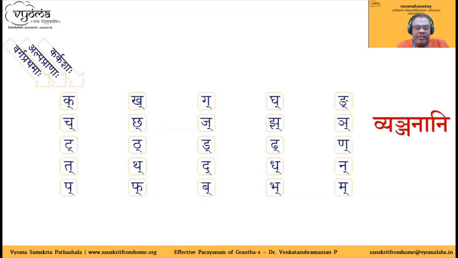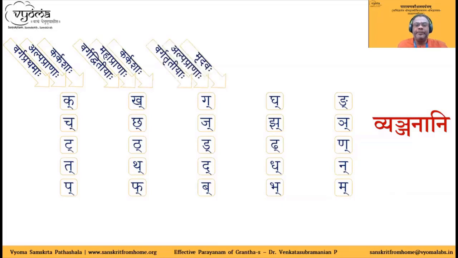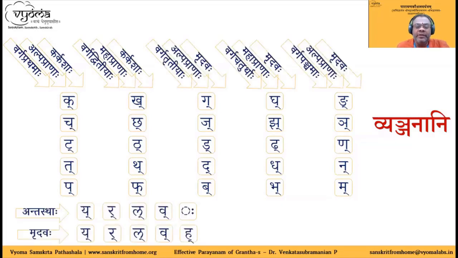Now we understand that for every Vyanjana we have three attributes: Alpaprana or Mahaprana, Karkasha or Mridu, Vargiya or Avargiya. Like this we can have three attributes for the Vyanjanas.